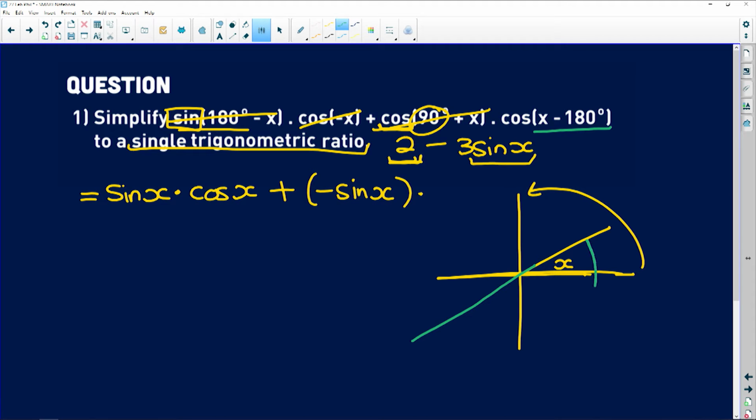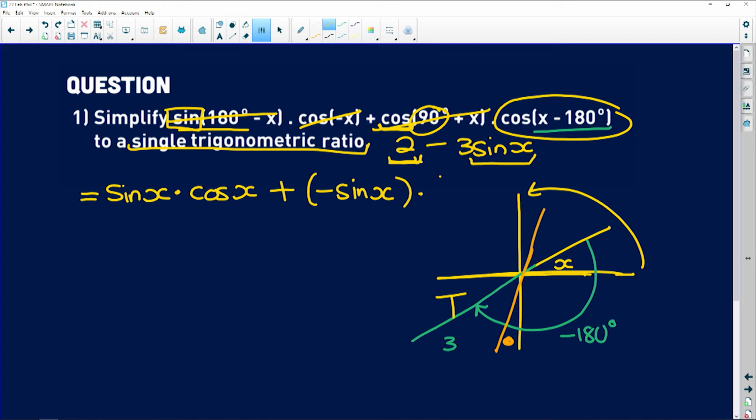So this angle minus 180 is always going to end up in the third quadrant, okay? No matter where your angle is, if I drew this angle being x, 180 is still going to land me up in this third quadrant, okay? So if I take an acute angle minus 180 degrees, I end up in the third quadrant, and only tan is positive in the third quadrant, which means that cos of x minus 180 is negative.